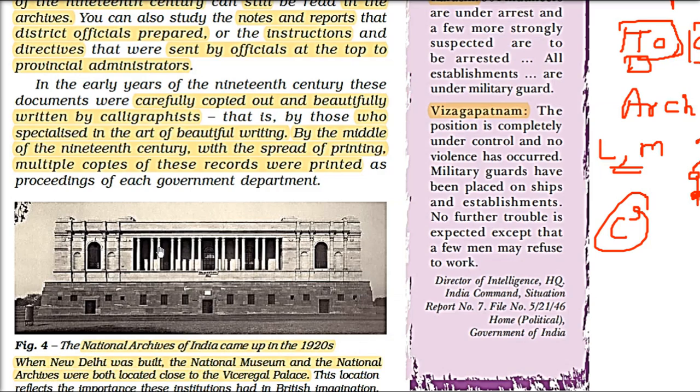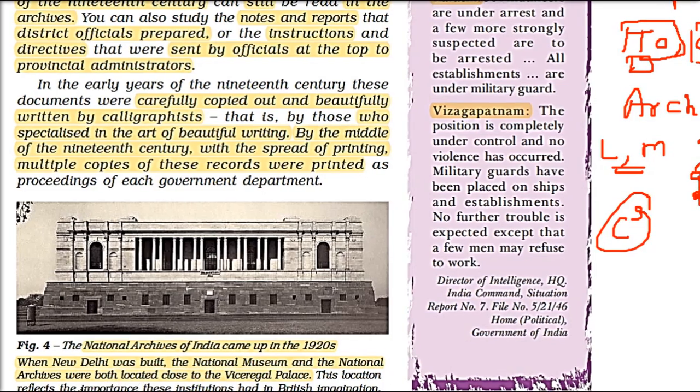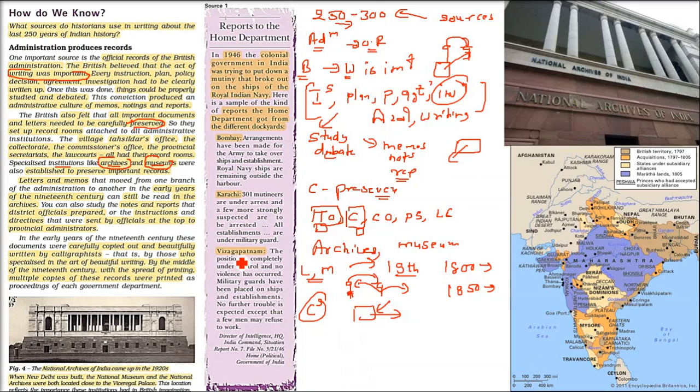So it was so close to their residence. Can you imagine how important these archives, Abhilekhagar and museums were? It was so close to the Governor General and Viceroy's residence. Again, museum and archives.